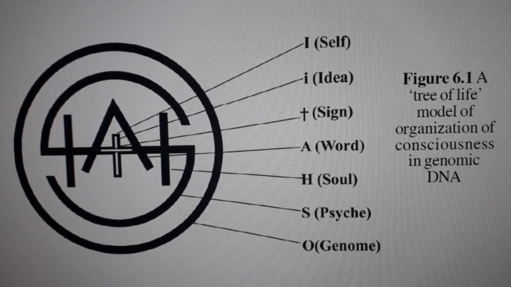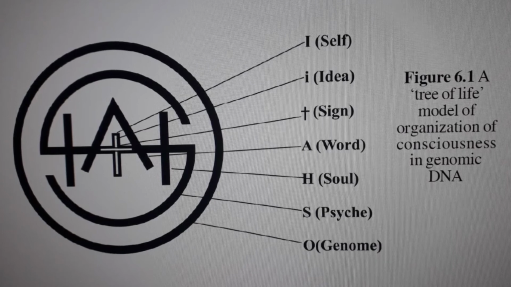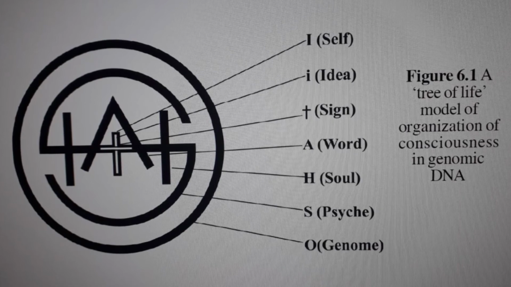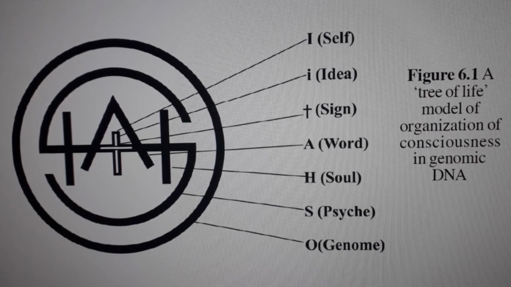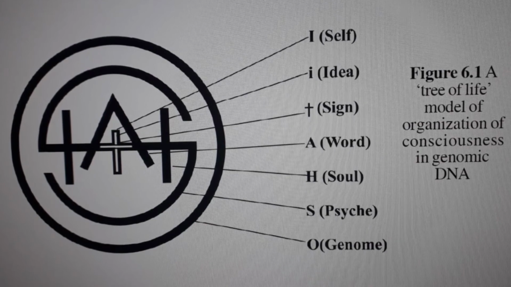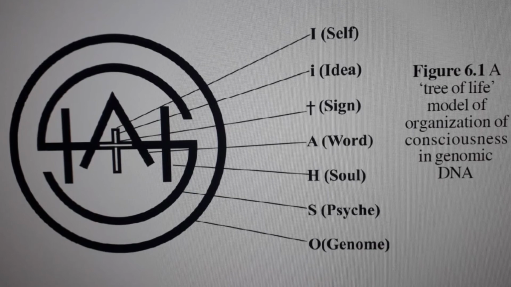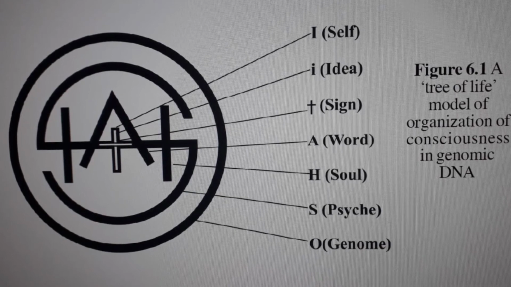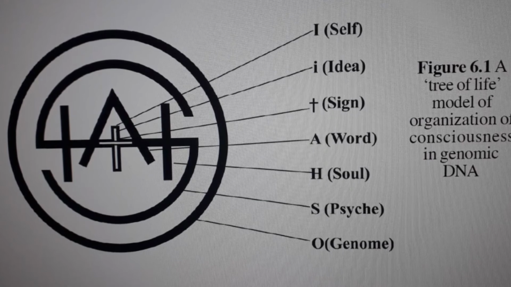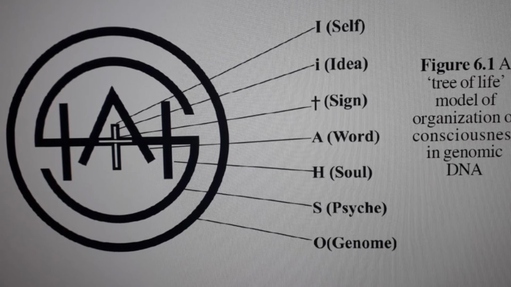Now, you must closely examine this figure, wherein I have charted out all the 7 fields and given all the 7 symbols from DNA and given the corresponding fields in brackets, that is I for self, small I for idea, plus for sign, A for word, H for soul, S for psyche, and O for the genome.